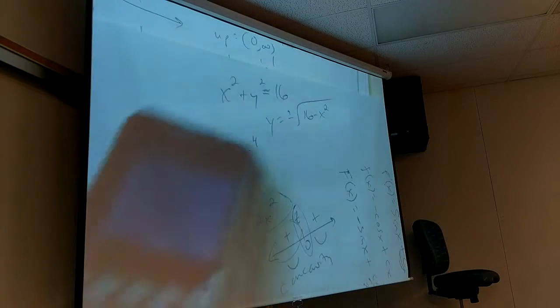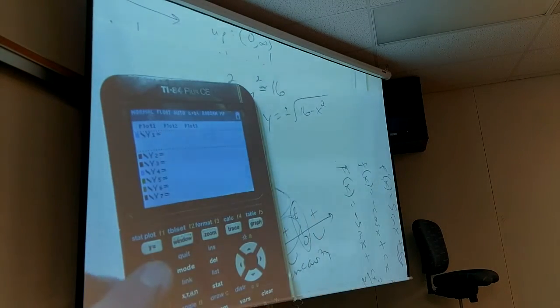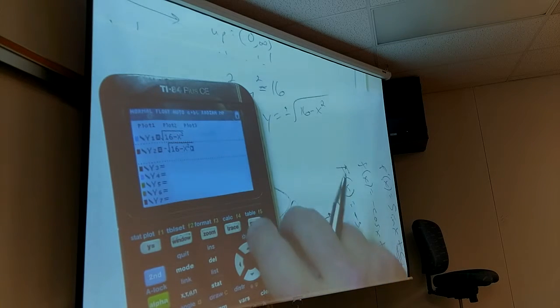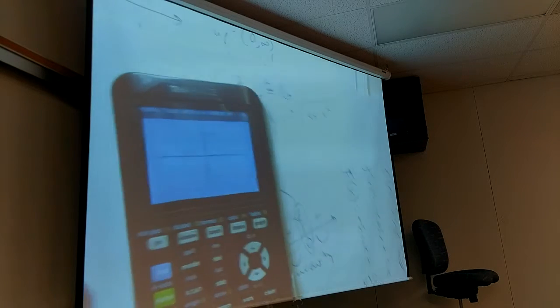So how do I graph that circle? Well, I have to put the top part of the circle in. And then I've got to put the bottom part of the circle in. So look at the problem this has. It's exactly the same issue. You got everything in there? Yes. Let's zoom. Yeah, zoom standard.